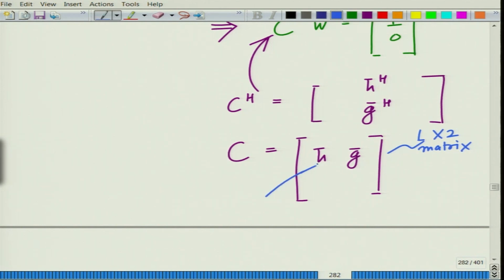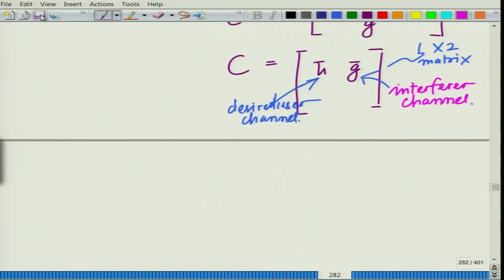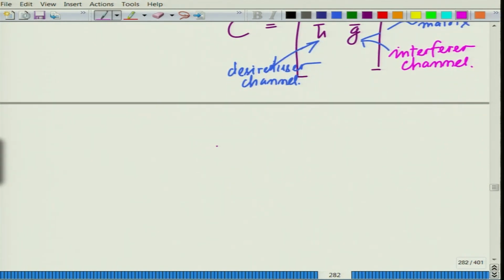H bar is the desired user channel, and this is the interferer channel. Once again, we have C Hermitian W bar equal to 1 0. This is our constraint.